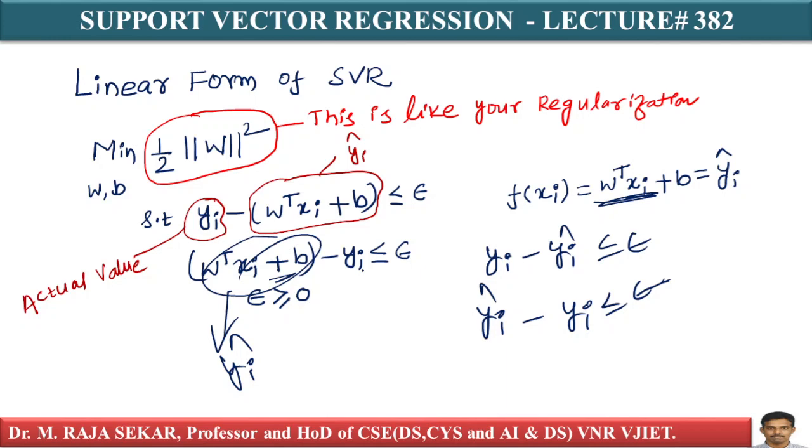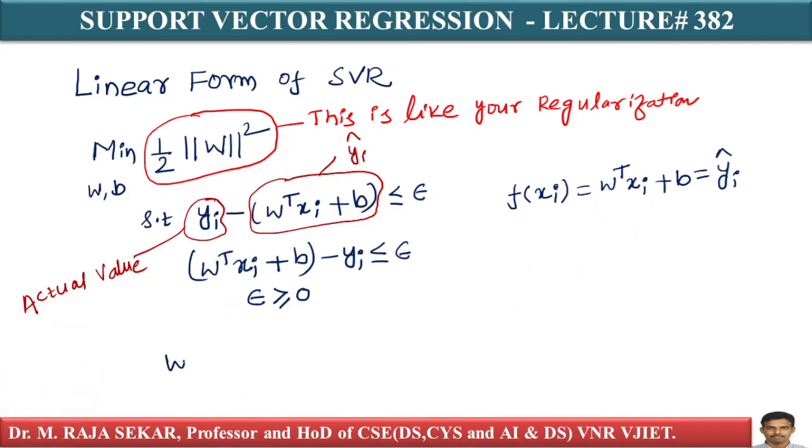My model basically consists of w comma b. I want the error between my actual value and my predicted value, that is yi minus yi cap, actual value minus predicted value, to be less than or equal to epsilon.